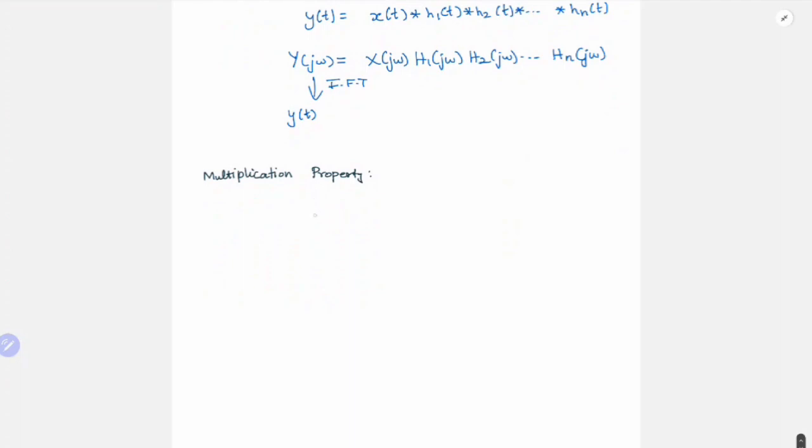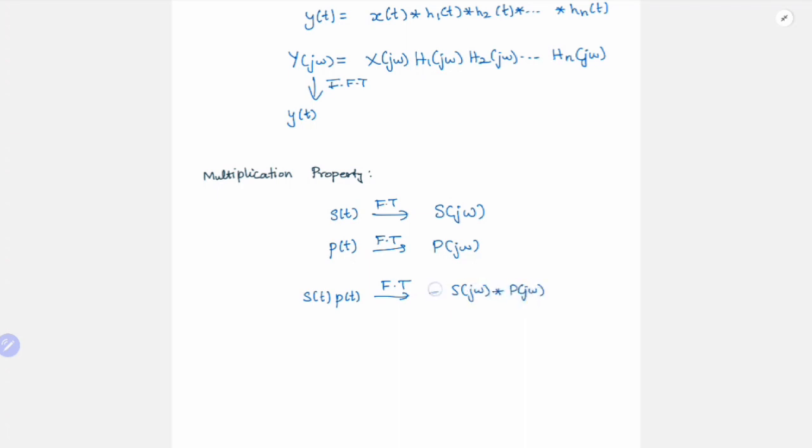So if I have two signals, let's say s of t having Fourier transform S of j omega, and p of t having Fourier transform P of j omega, then for the multiplication, I should expect something of the form S of j omega convolved with P of j omega. Something of this sort, right?